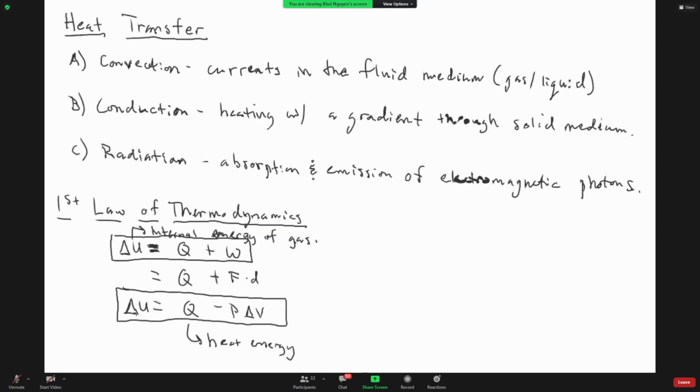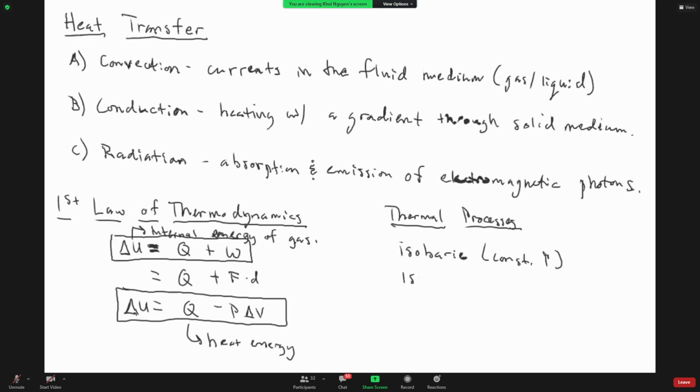Before we get any further, let's go over some thermal processes. There are four types of thermal processes that we need to know. Isobaric, commonly referred to as constant pressure.